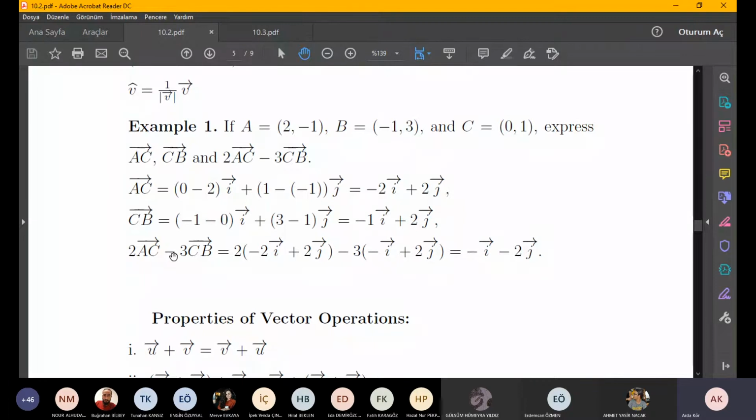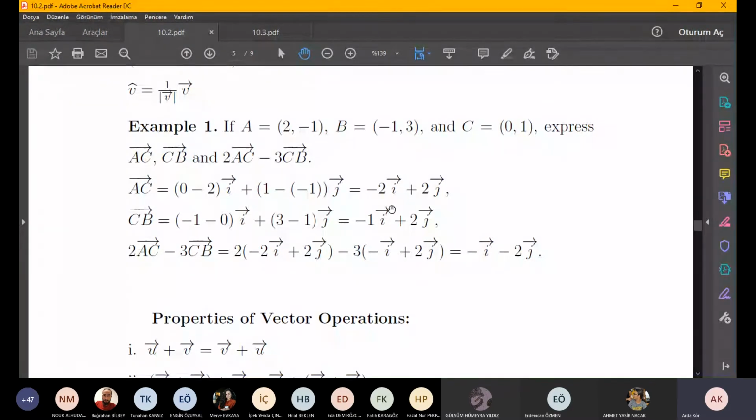Here we have the point A, which is (2, -1). By those parentheses, we express points in n-dimensional space. So here it is a point in 2-dimensional space, as you can see, since it has 2 components.